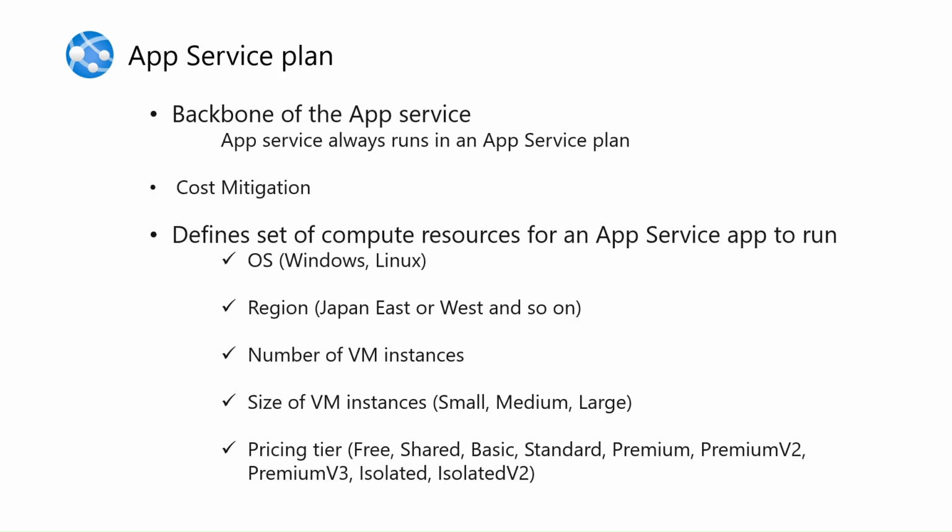Now let's see App Service Plan. While learning about Azure App Service, we need to have a brief understanding of App Service Plan. It's a backbone of the app service. That is, an app service always runs in an app service plan.